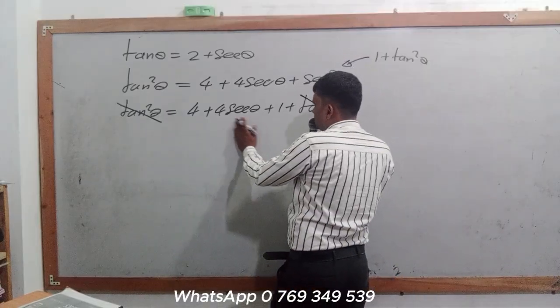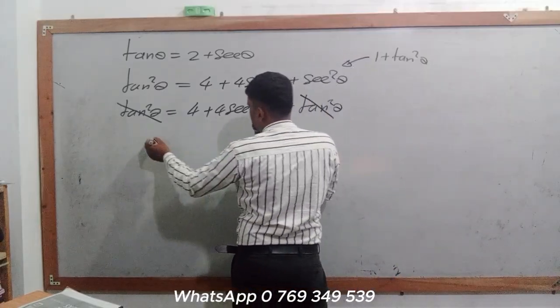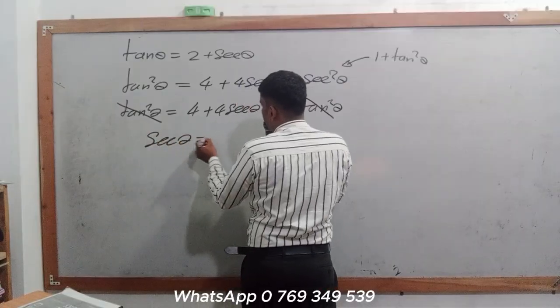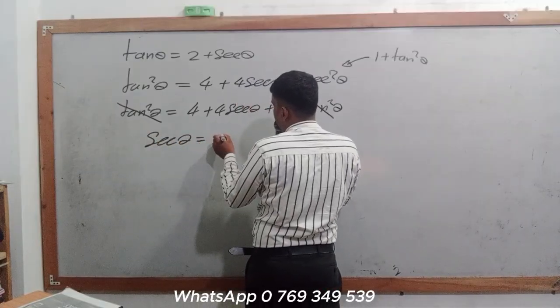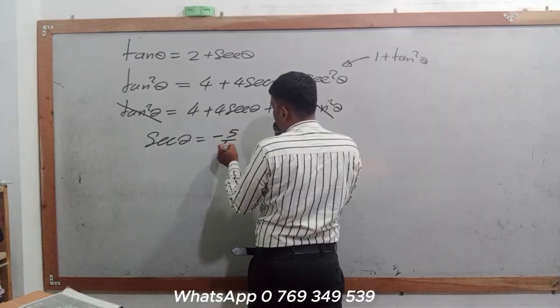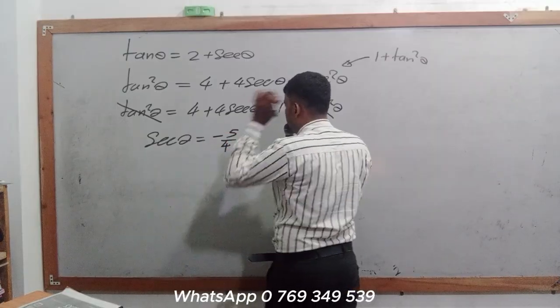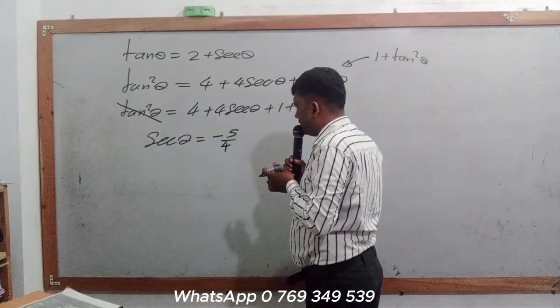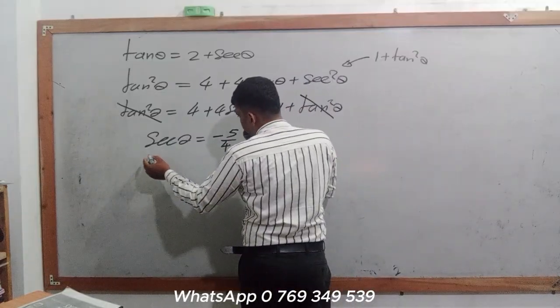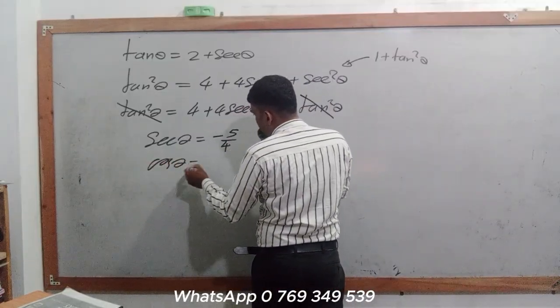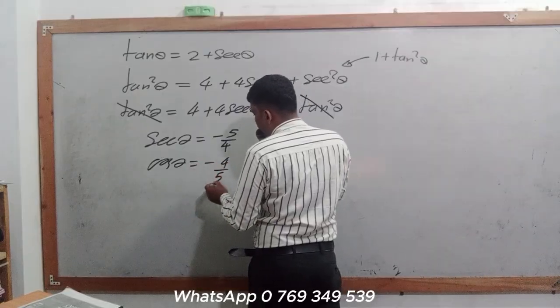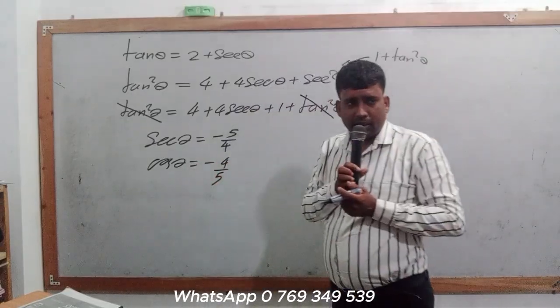Here sec theta equals minus 5 over 4. Then taking the reciprocal, cos theta equals minus 4 over 5.